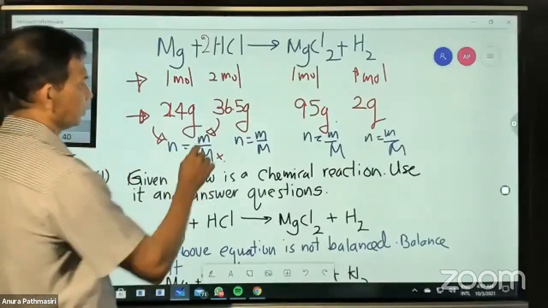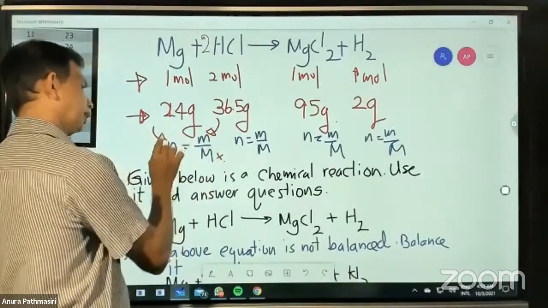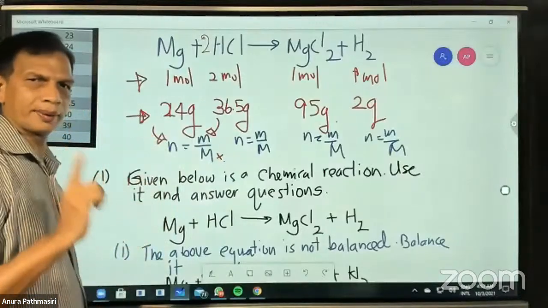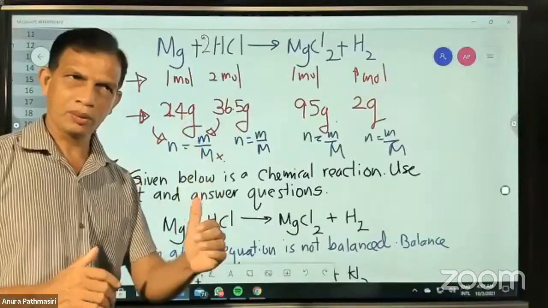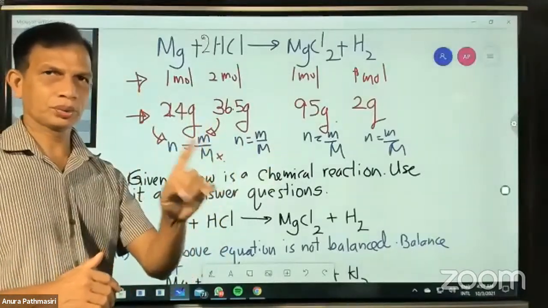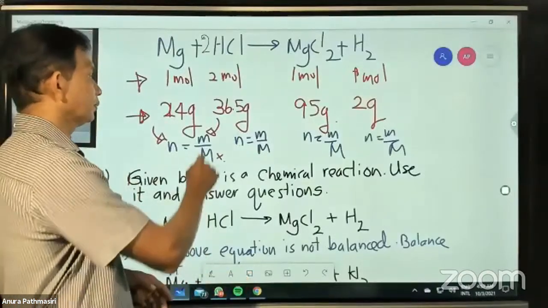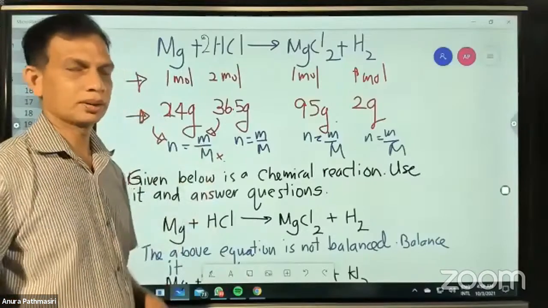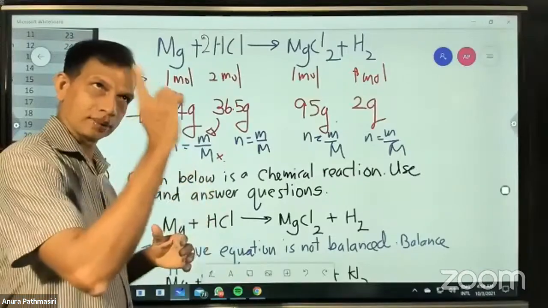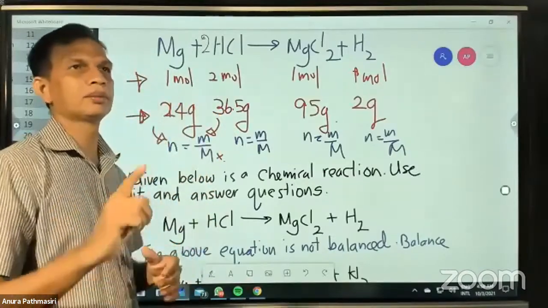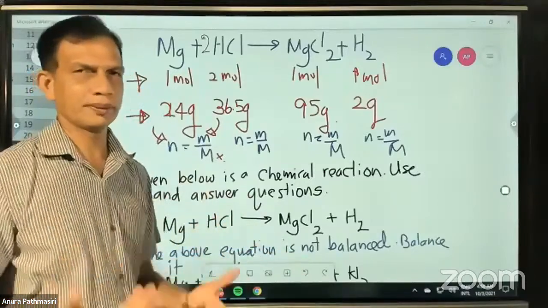Now what I'm going to tell you is, the mass is changed. Then you have to find out the number of moles available there. If you have 1 mole, 6.022 times 10 to the power 23 is there, and if the mass is reduced, then you have to find out the number of moles. Then accordingly calculate the number of particular atoms or molecules available.